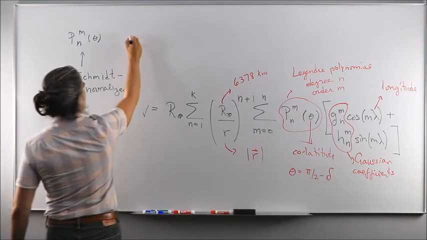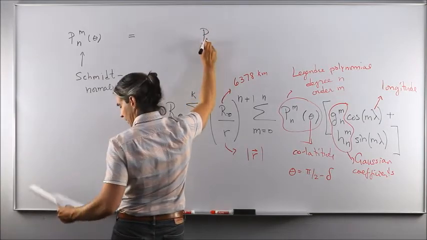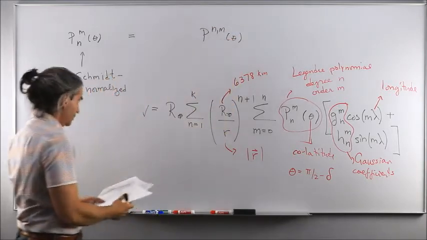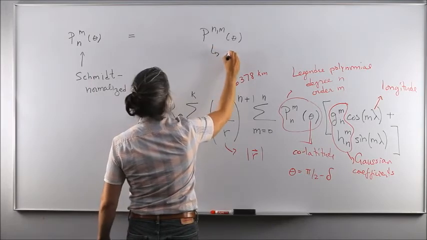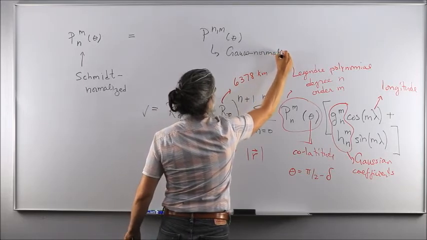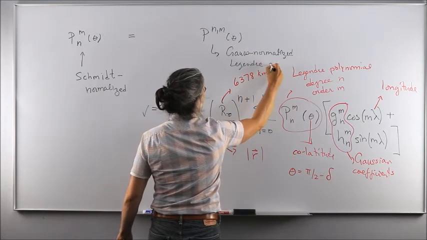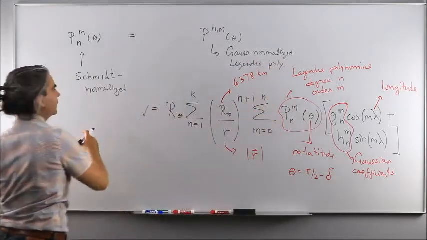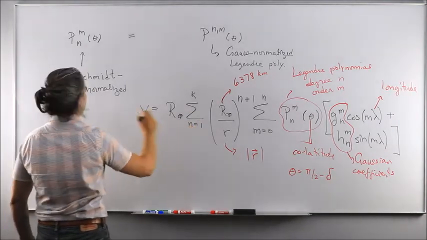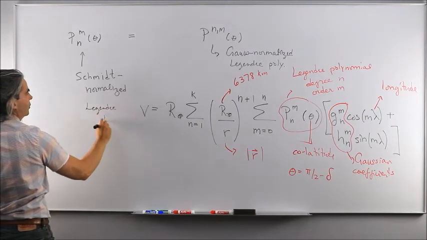Those are obtained from Legendre polynomials that are Gauss normalized, referred to as P n m as a function of co-latitude. So those are Gauss normalized Legendre polynomials. And what we need to obtain the magnetic potential function V are Schmidt normalized Legendre polynomials.